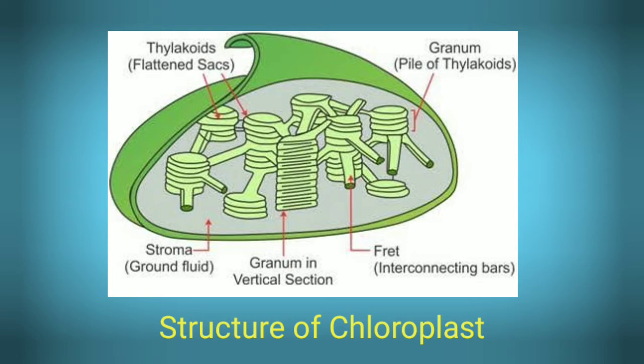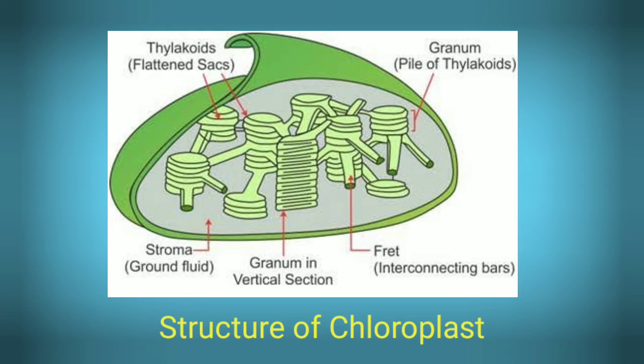These thylakoids are stocked with some photosynthetic pigments, which are the chlorophyll pigments along with beta carotenoids. And these carotenoids consist of the carotene and the xanthophyll pigment.